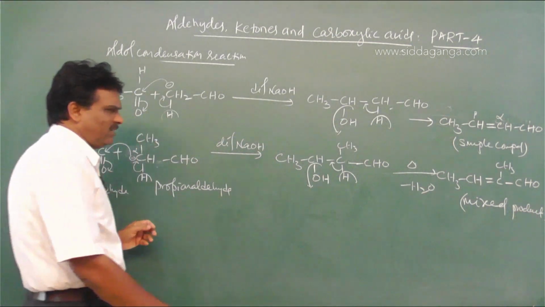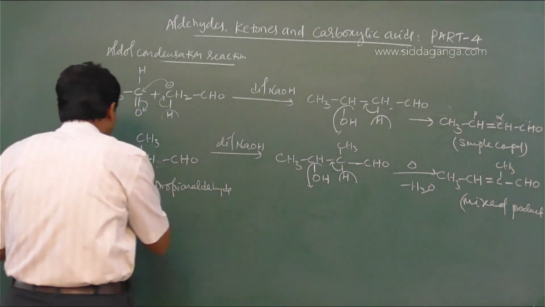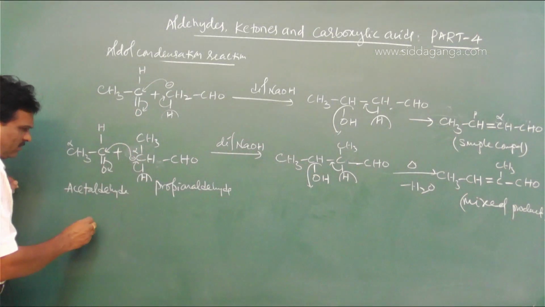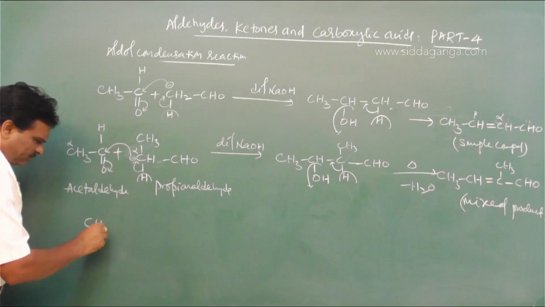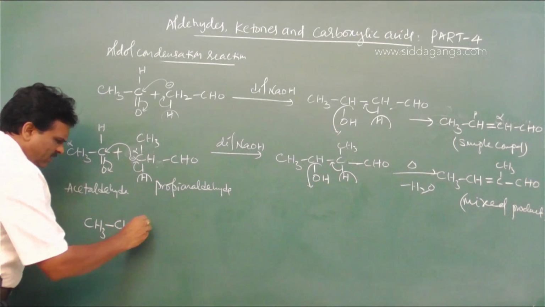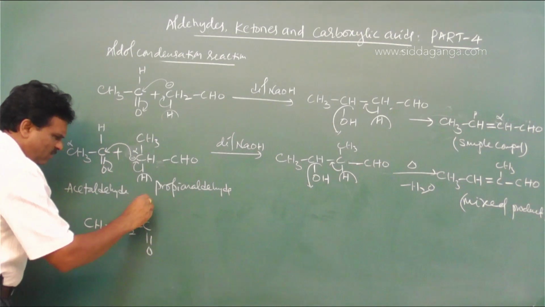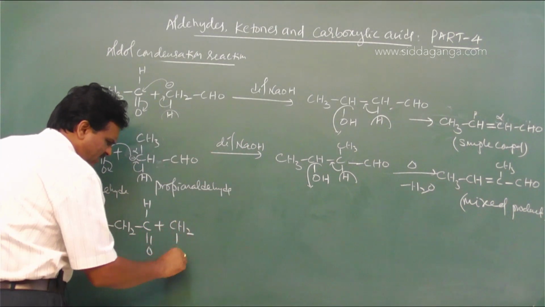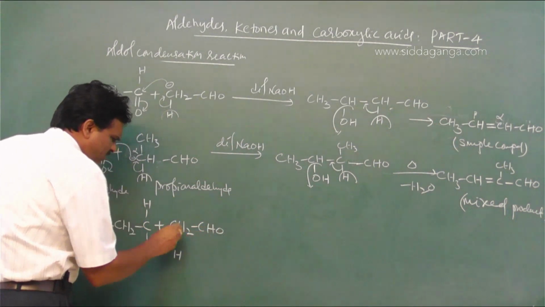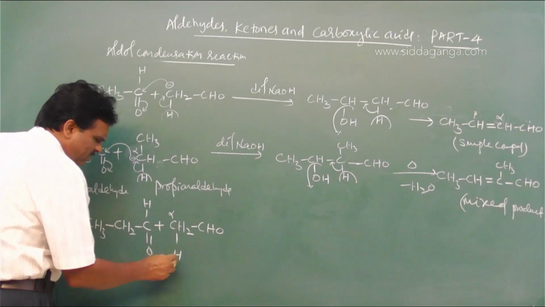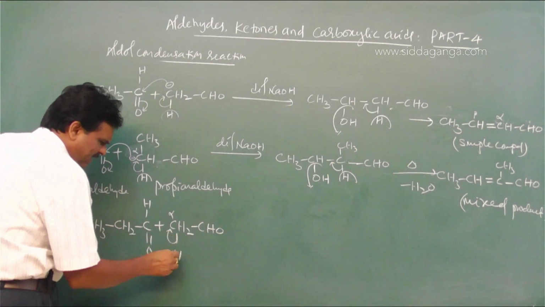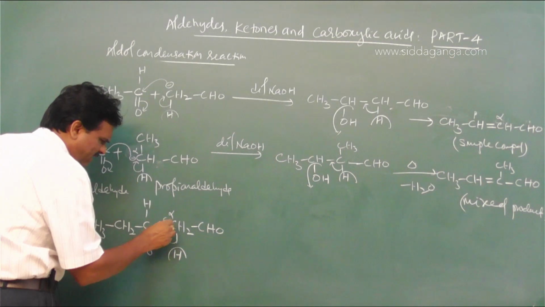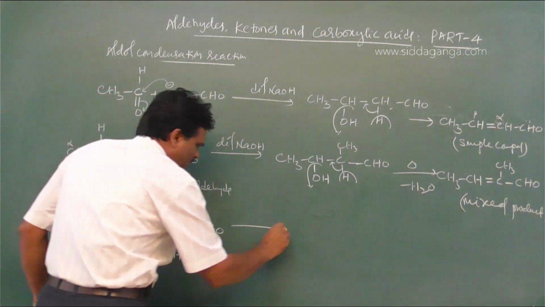So here this is one mixed product. Or if we take CH3CH2CHO propionaldehyde with acetaldehyde, this is alpha hydrogen. See, if H plus is eliminated here, look at the product formed.